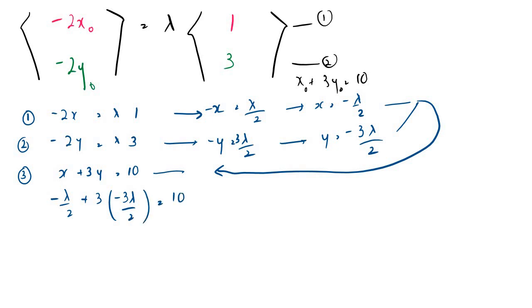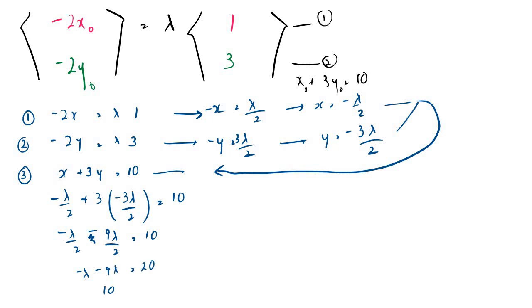So we do have a lambda here. Now we simplify further: minus lambda over 2 plus 3 times minus 3 lambda over 2, which is minus 9 lambda over 2, is equal to 10. We multiply both sides by 2, then we get minus lambda minus 9 lambda is equal to 20.